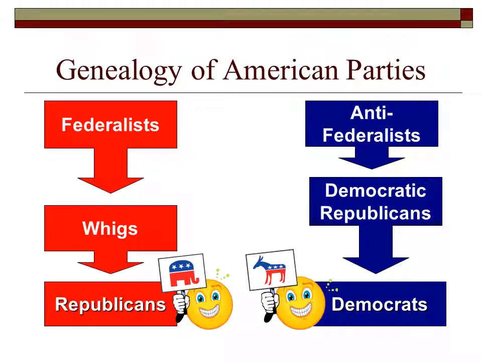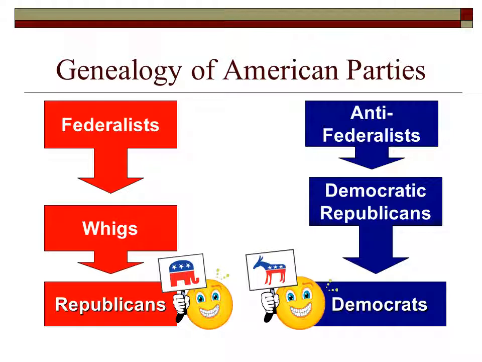And so we get to the genealogy of the American two-party system. Remember in the beginning, we talked about the Federalists and Anti-Federalists and how eventually they would kind of morph into other parties. Well, that's where we are now. The Federalists became the Whig Party. The Whig Party then kind of morphed and changed its name and became the Republican Party.